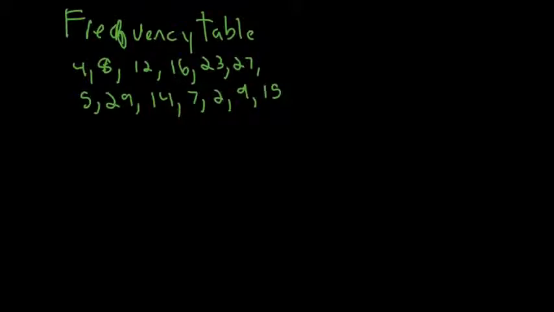Alright, so next we're going to make a frequency table. So I got the numbers 4 through, my biggest there is 29. So I'm going to group these numbers by 10.